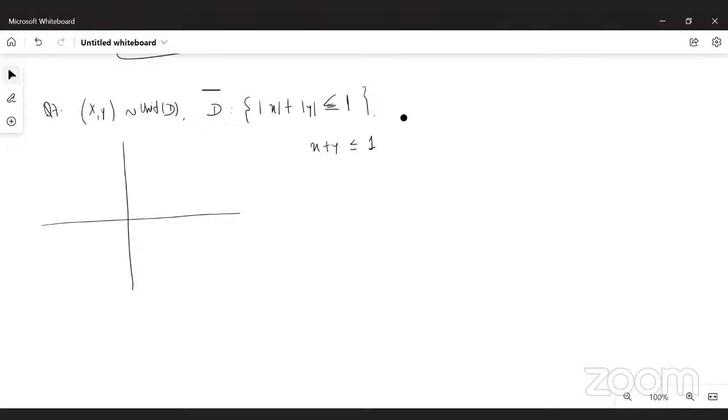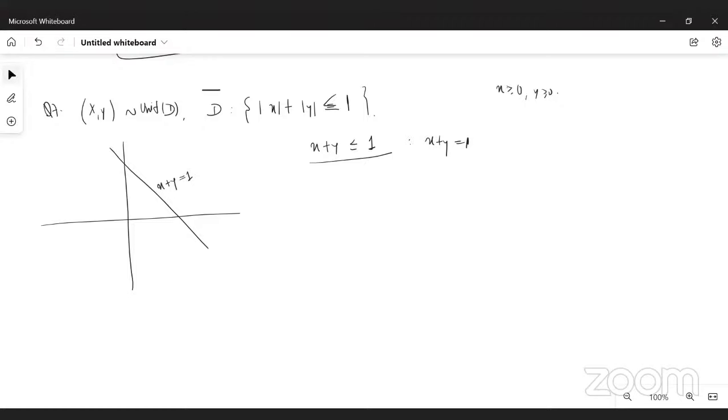So first we'll plot this line, x plus y equal to 1, right? I will take all the cases. The first case we consider is x greater than 0 and y greater than 0.